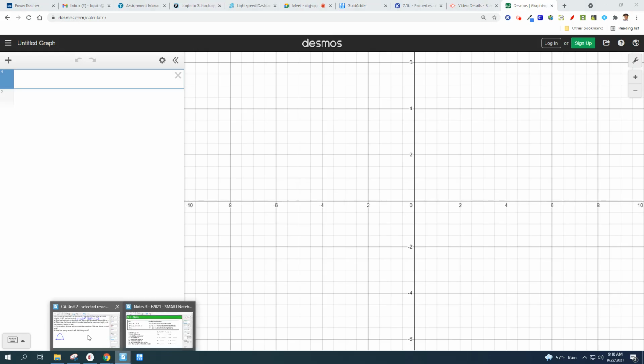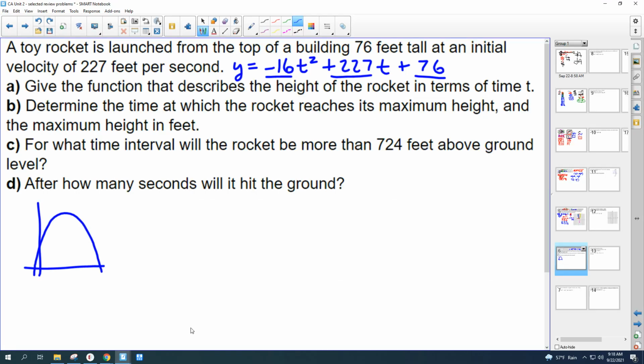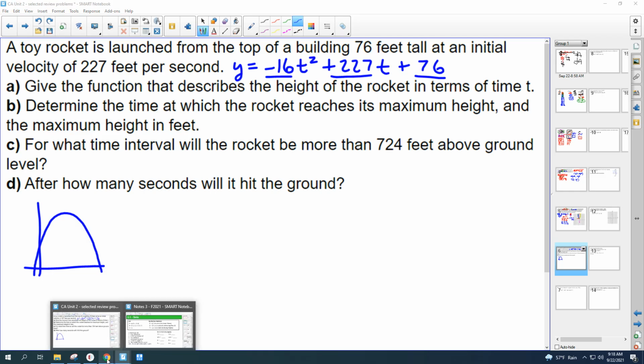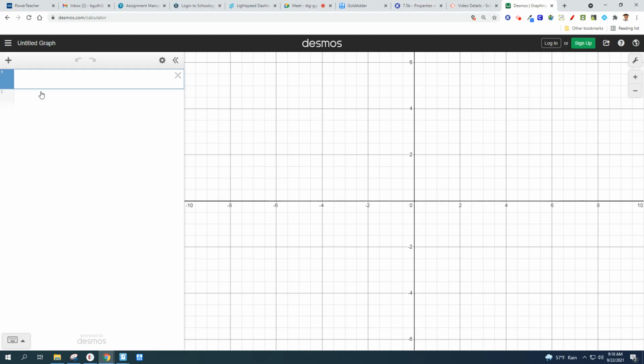So what was it? 227 and 76. One thing about Desmos, it does not like t's, so make sure you put x's. Oops. Like I said, make sure you put x's.